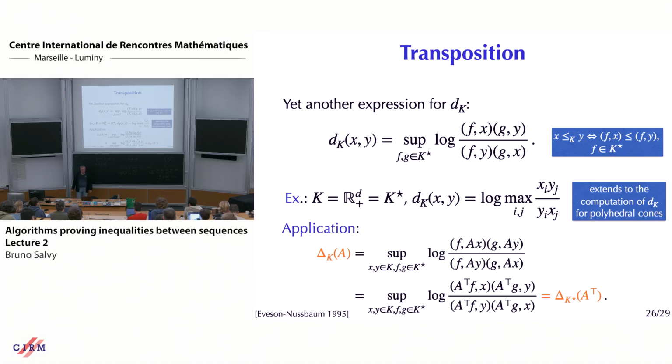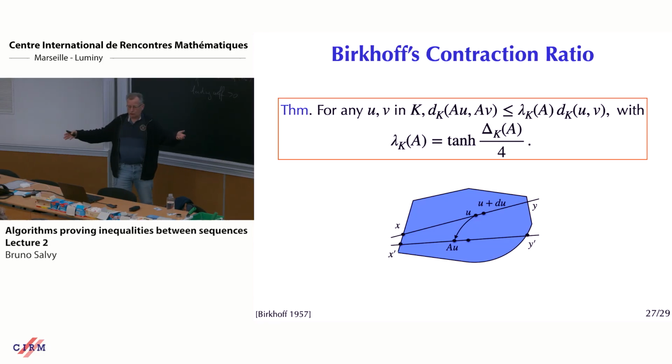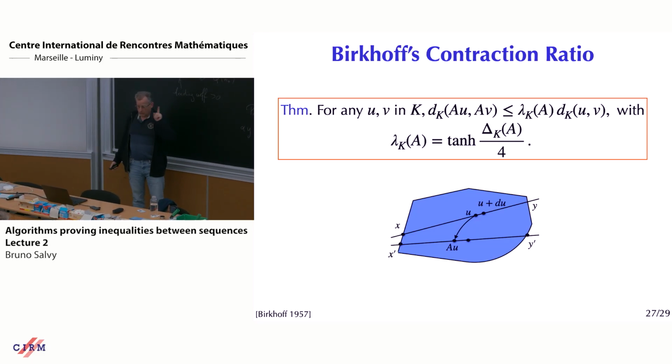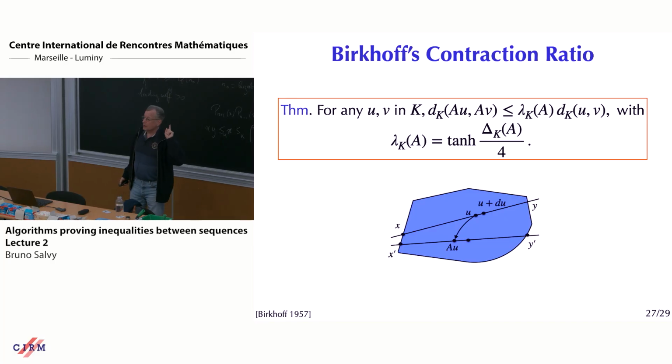And finally, Birkhoff's contraction ratio, and again, now the parentheses are correct. It's tangent hyperbolic of delta over 4.